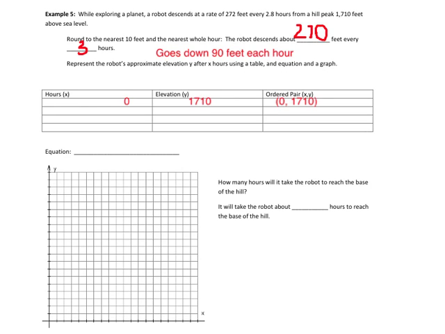Since it's pretty high up, I'm going to use hours, and I'm going to go ahead and say 3 hours. So the elevation would have gone down 270 feet, which means the result is 1,440. So I'm going to plug that into my table.